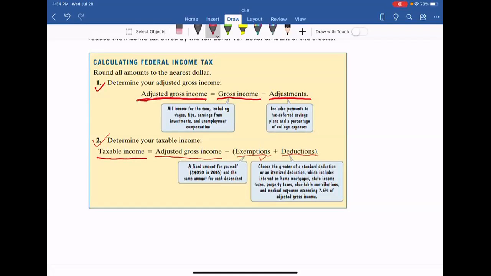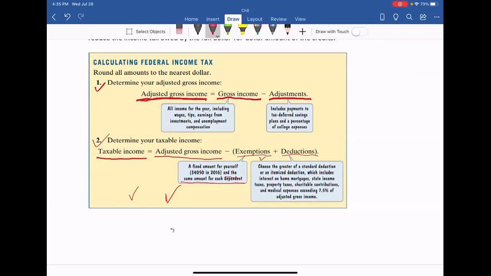The exemptions you can find from the tax table. If you have one dependent, you have the exemption for yourself, and then the exemption for your dependent, and the same amount for each dependent.